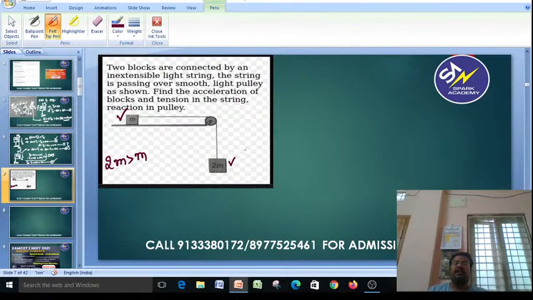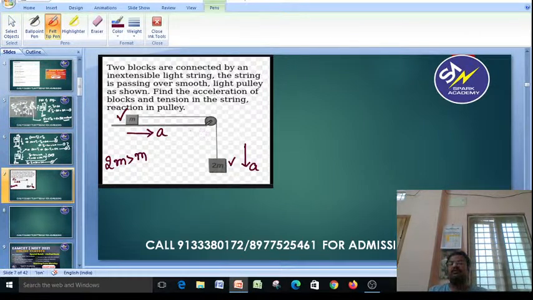So the 2M block will accelerate in the downward direction, and the M block will move towards the right, so it contains acceleration to the right.